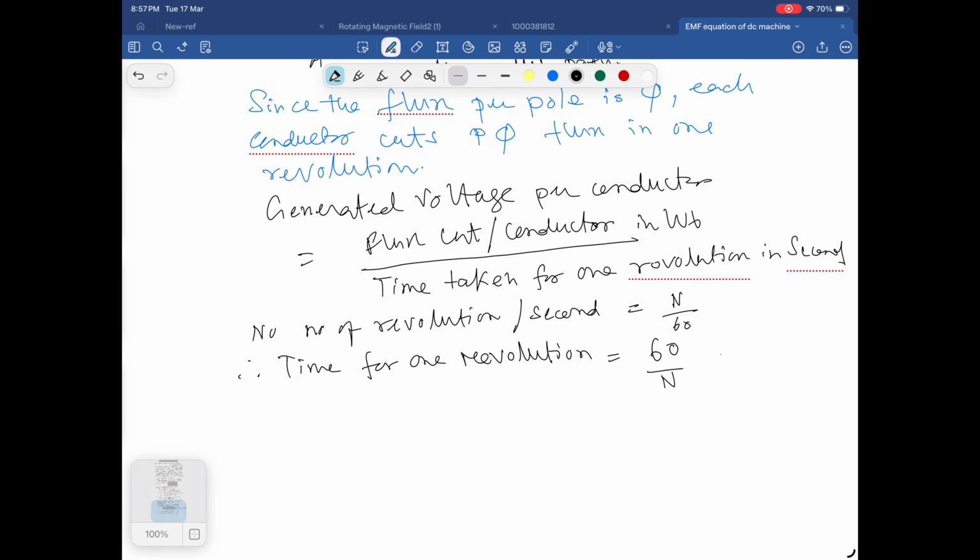So if I divide it by 60, the time taken for one revolution is equal to 60 by n seconds.